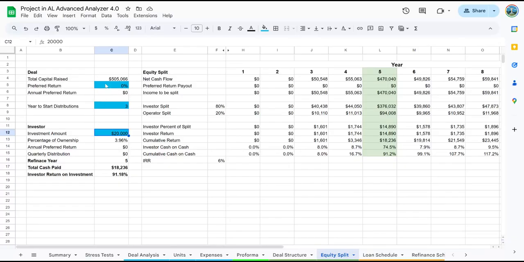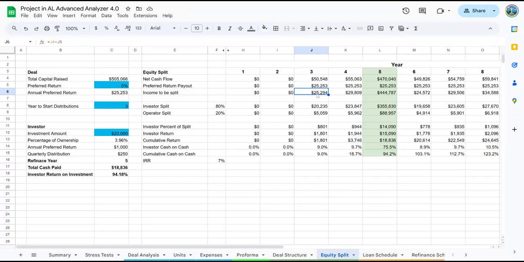So here at the top, we're going to do a deal. Under the deal, you can give the investors a 5% preferred return. And what that does is it gives the investors 5% of the cash flow up front guaranteed.